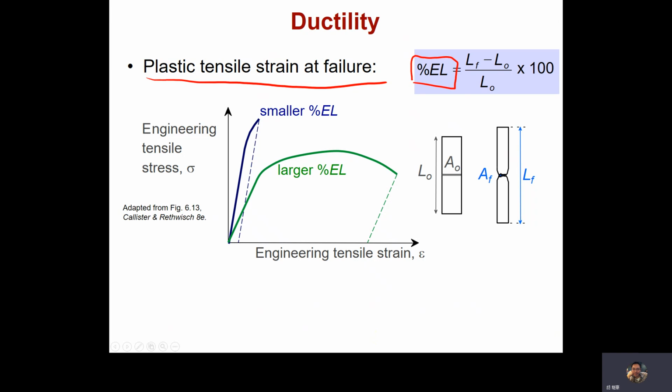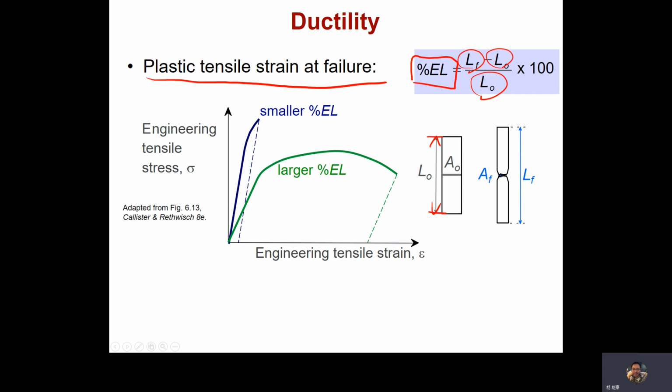The elongation rate equals the final length minus the initial length, divided by the original length. So we can just measure the length after fracture, and calculate the difference between the final length and the original length divided by the original length.